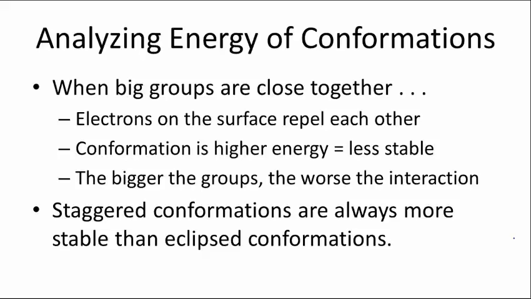All right, so it's fairly common sense. But molecules are going to prefer staggered conformations to eclipsed conformations because it allows those electrons on the surface of each group to be farther apart.